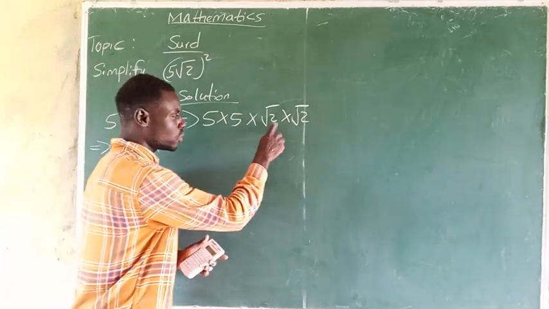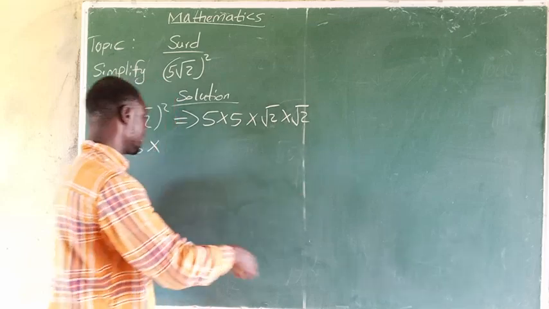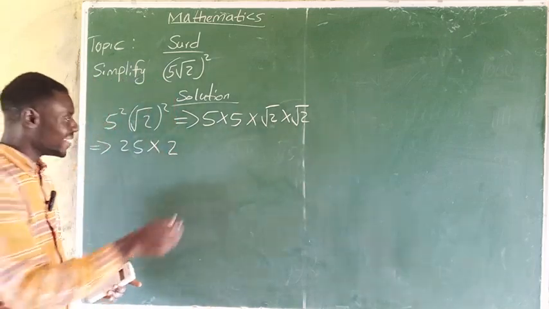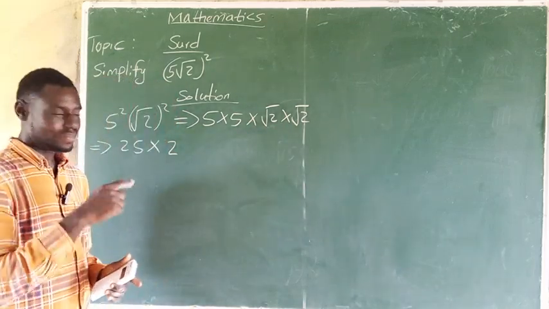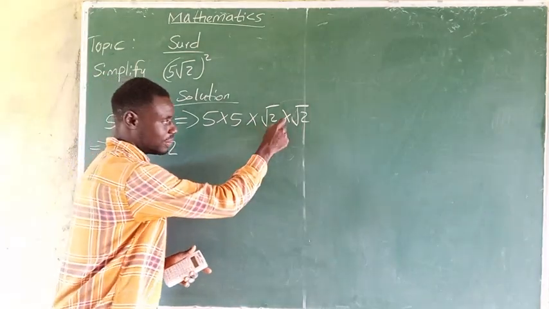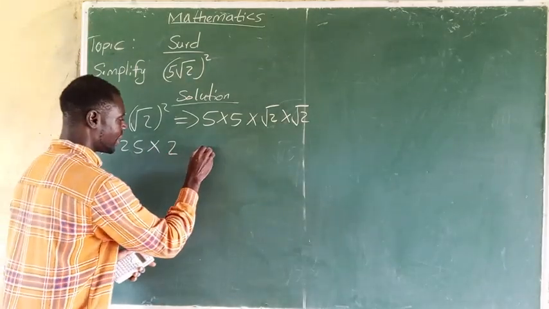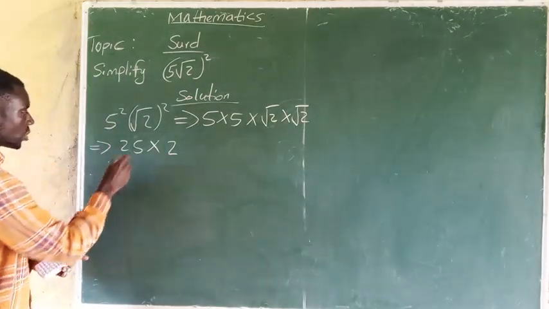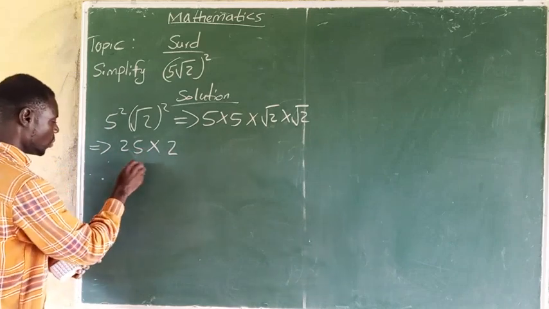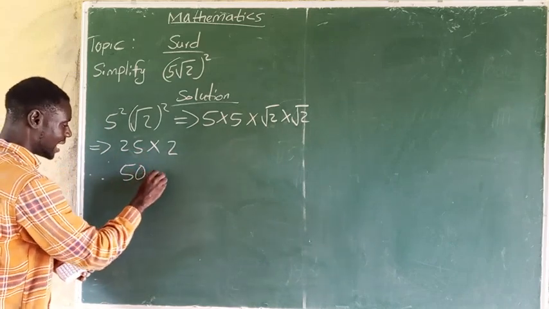Do you understand? Two roots are the same, √2 times √2, multiplication, pick only what is inside. So this will finally give us 25 times 2, which is 50 as our final answer.